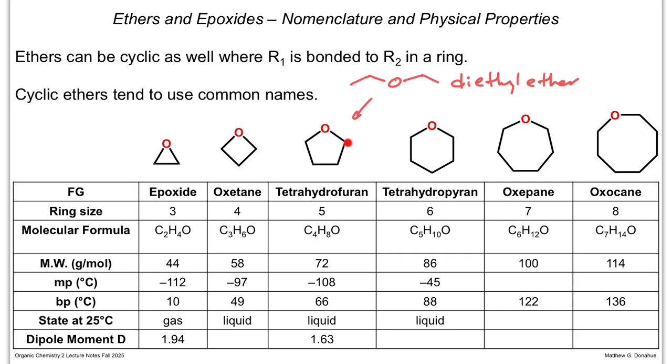So we can imagine THF, if you take these terminal carbon atoms, bond them together, you get a ring. And so that constrains the rotation. It makes it a little bit more polar. It's used commonly to help dissolve things that have a little bit more ionic character to them.